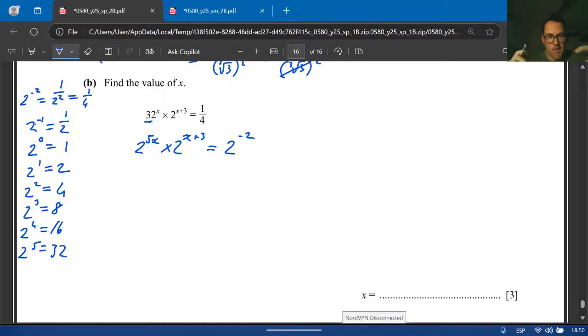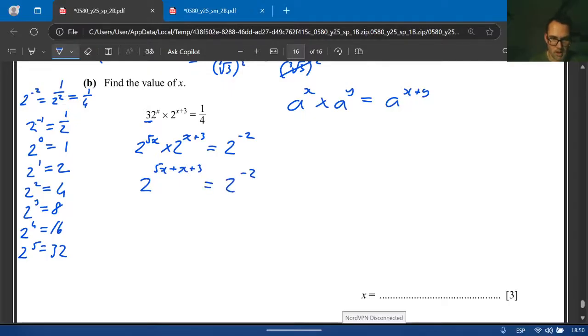Okay. Remember the rule of indices. If the base numbers are the same, we need to add the indices. So that means here, this will become 5x plus x plus 3 equals the power minus 2. Now, because the base numbers are the same, it means 5x plus x plus 3 equals minus 2.